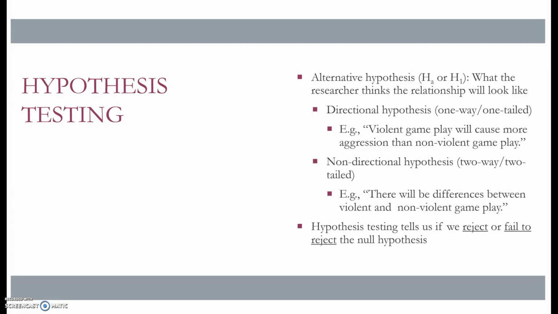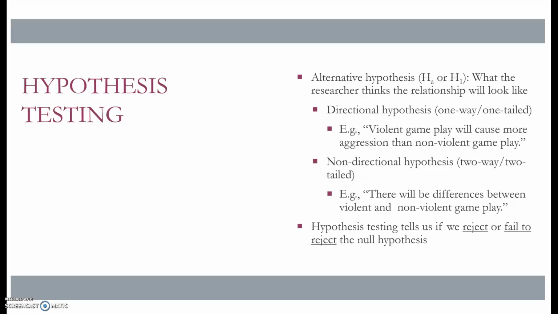You don't assume who consumes more alcohol. Or you'll say there will be differences between freshmen and seniors in terms of assignments they need to finish. You don't assume who has more assignments than the other. You just assume there will be differences, but you don't really know who has more.